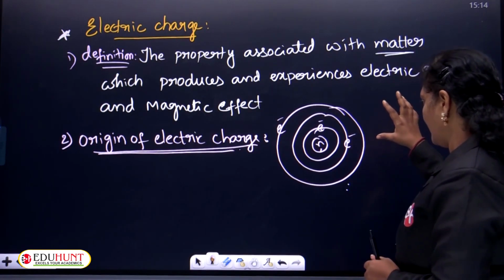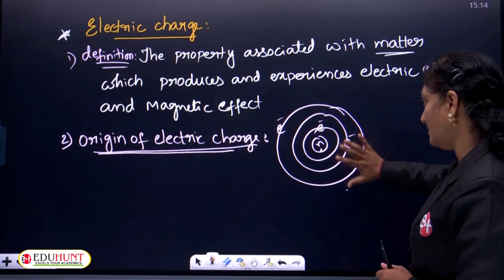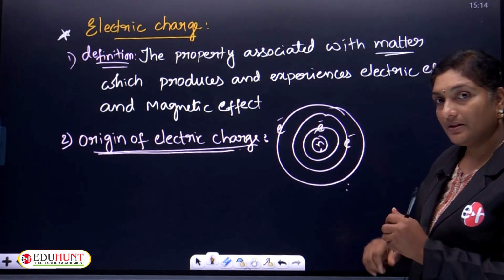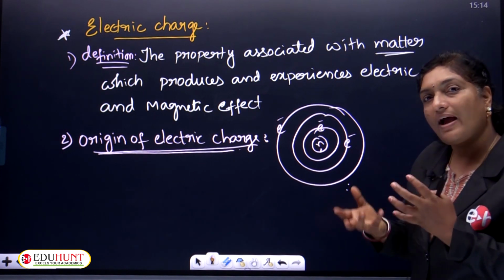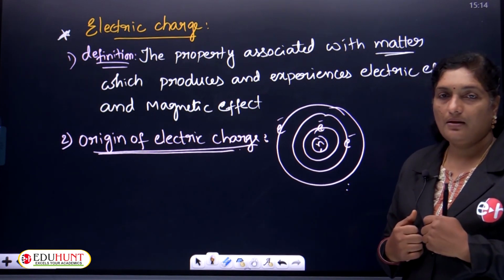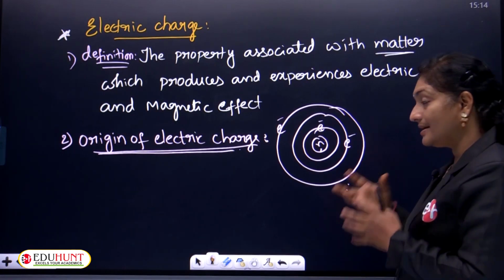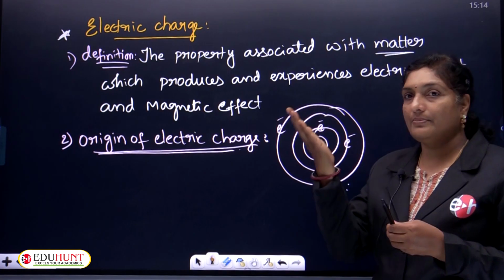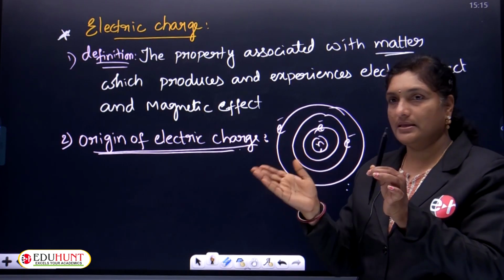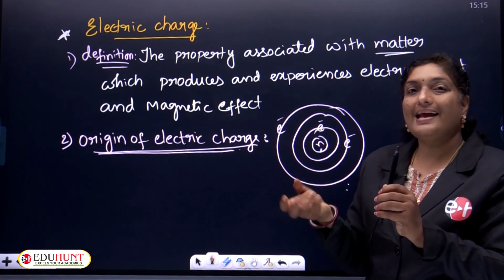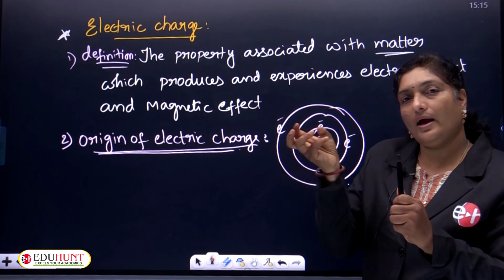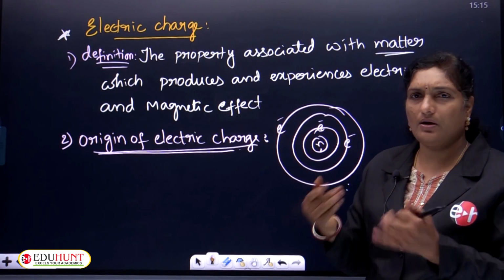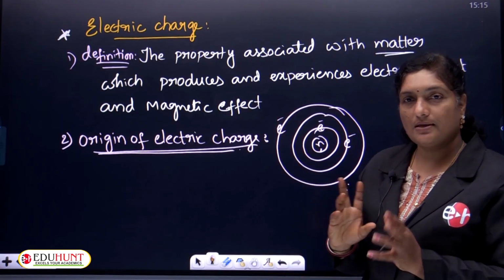So whenever we disturb these atoms by rubbing or something like that, the neutrality of the atom gets disturbed. That means electrons can move either from the first body or from the second body. The electrons will move from one body to another, whether from first to second or second to first, it all depends. Okay, based on that neutrality.